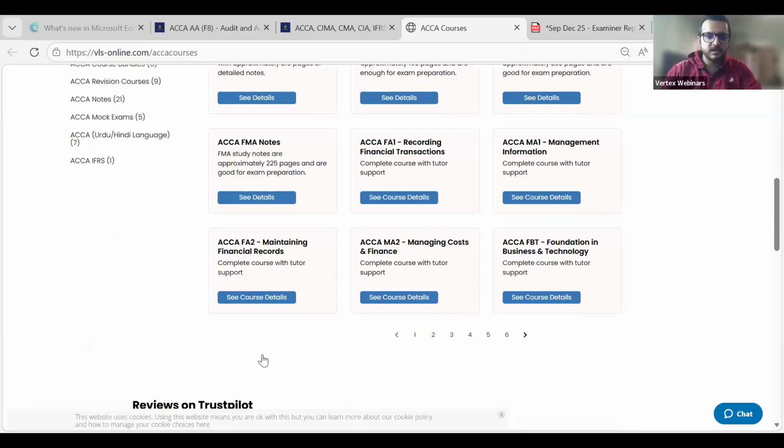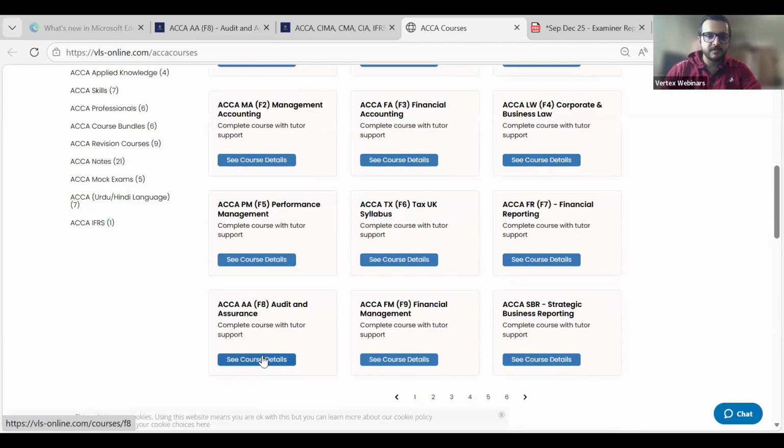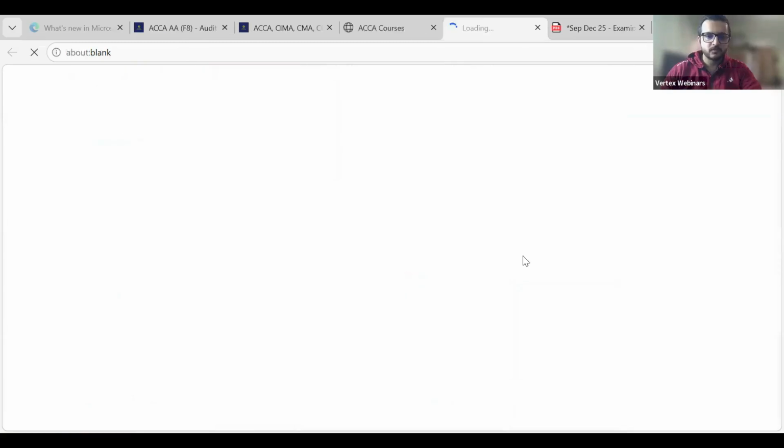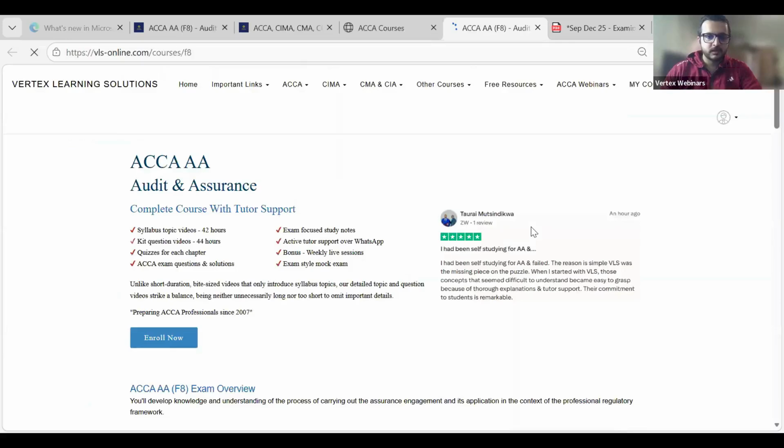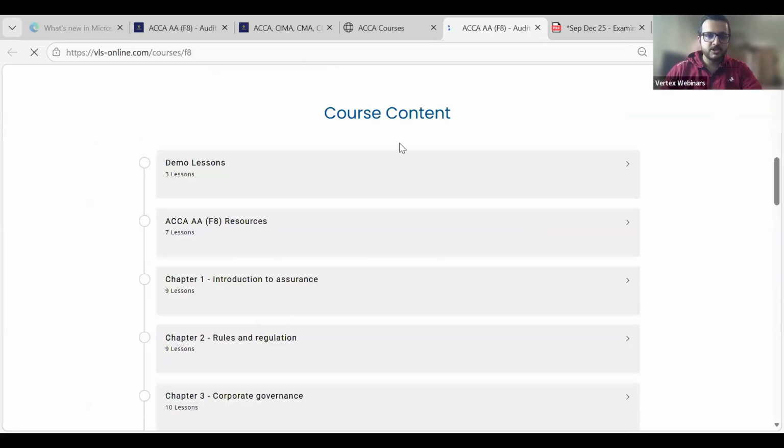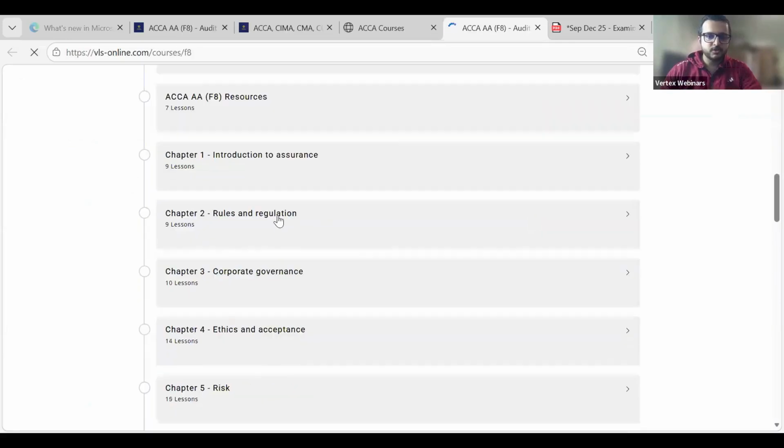There it is. ACCA AA F8. See course details. Click on it, and then you can see that under every chapter, see chapter number 2.